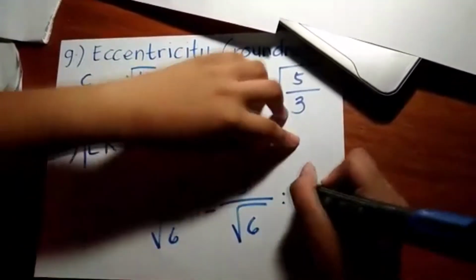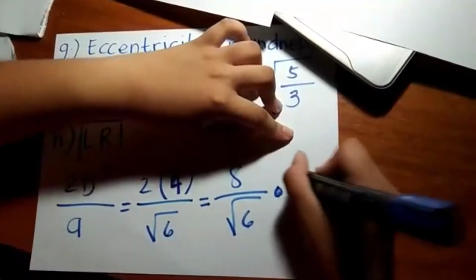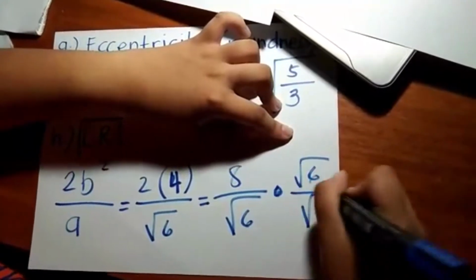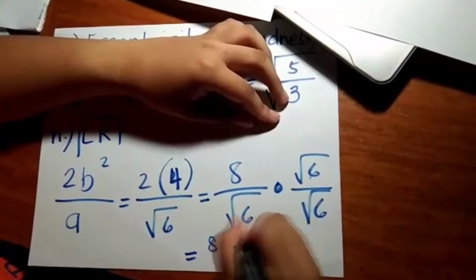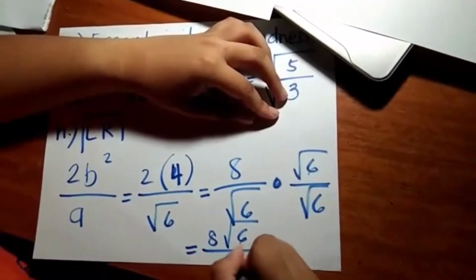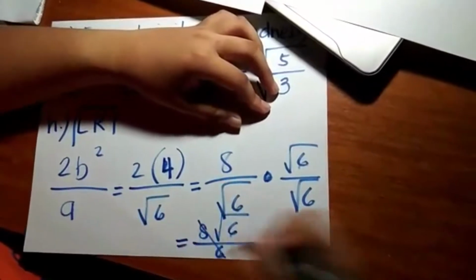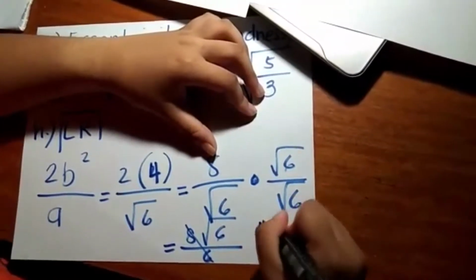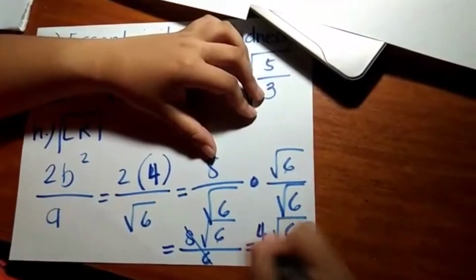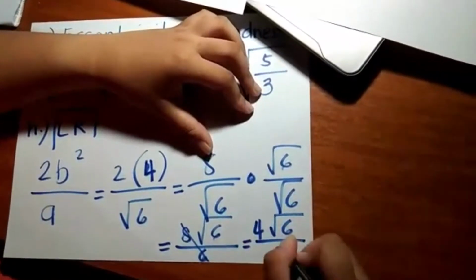Rationalize, that would be 8 square root of 6 over 6. Simplify, that would be 4 square root of 6 over 3.